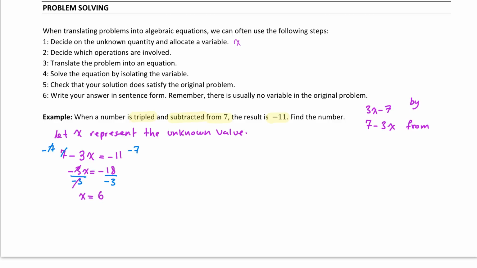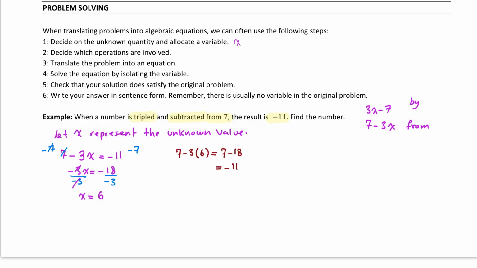Now, does the solution satisfy the original equation? Let's test that. So if x is 6, I will have 7 minus 3 times 6, and that's my left-hand side, which is equal to 7 minus 18, and 7 minus 18 will actually give me negative 11.